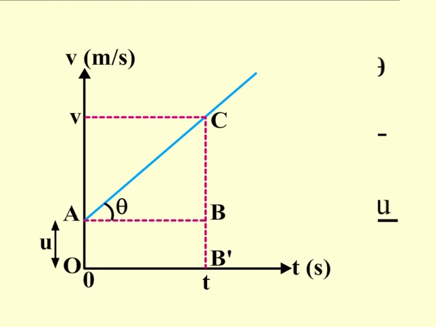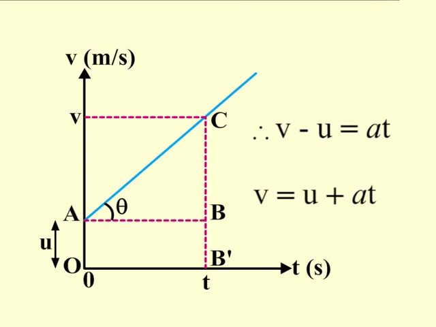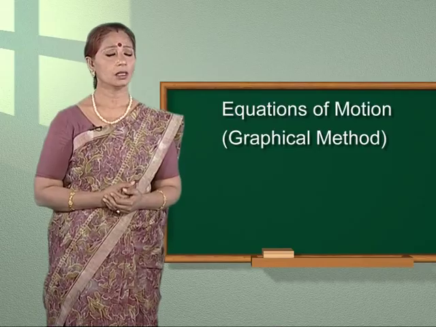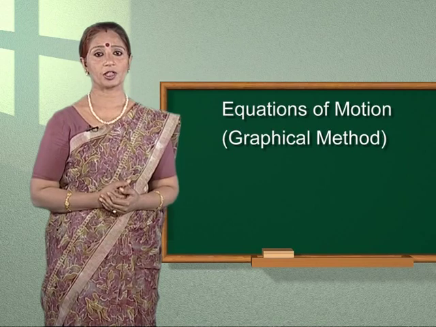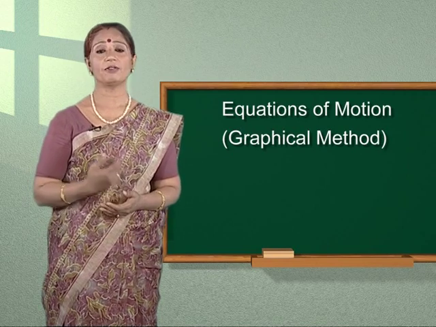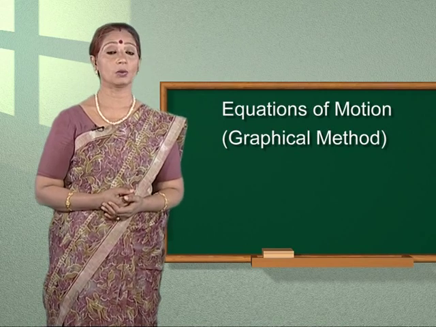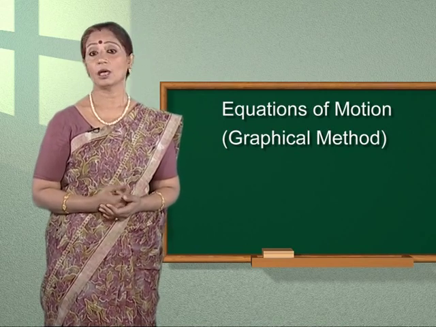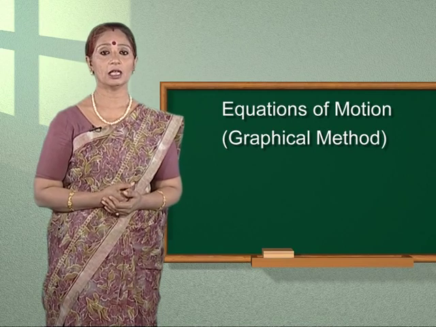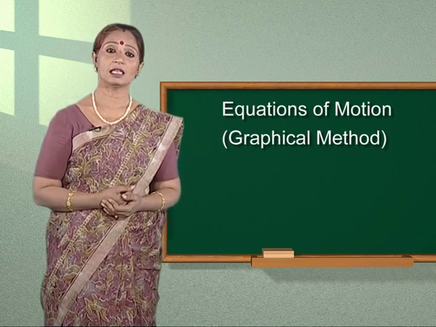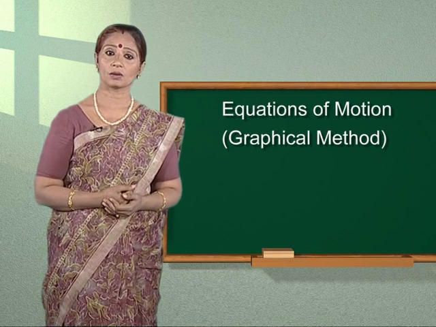In other words, v minus u is equal to a times t, or we can rewrite the equation as v equal to u plus a t. This is the general expression for velocity as a function of time and helps us to determine the velocity at any time if initial velocity, acceleration and elapsed time are known.